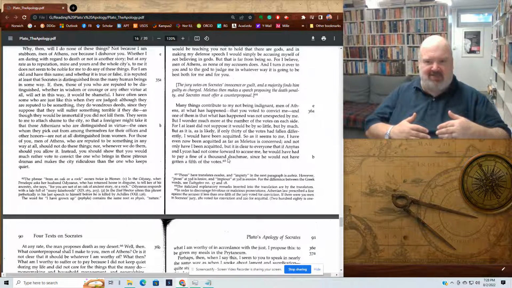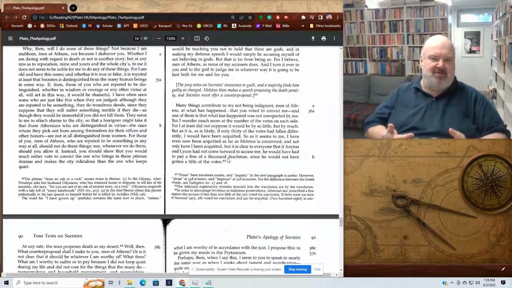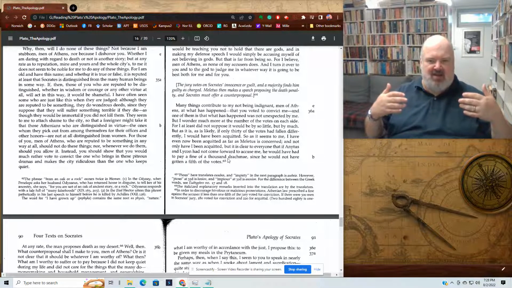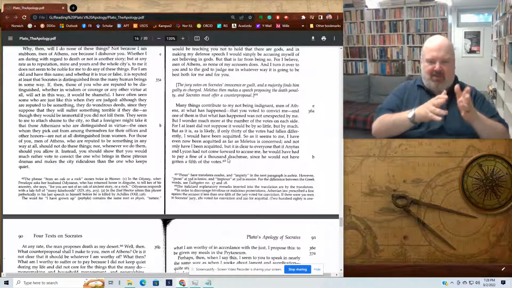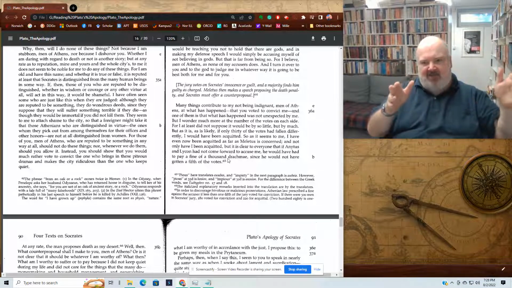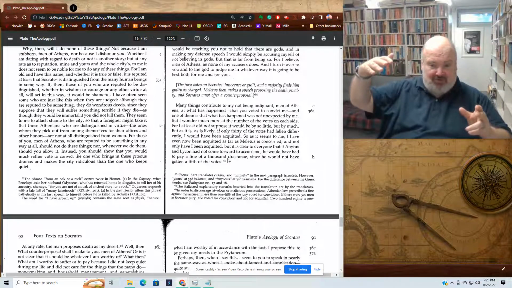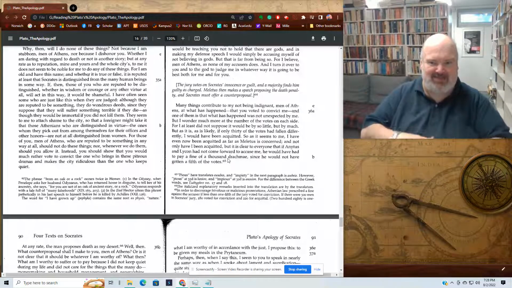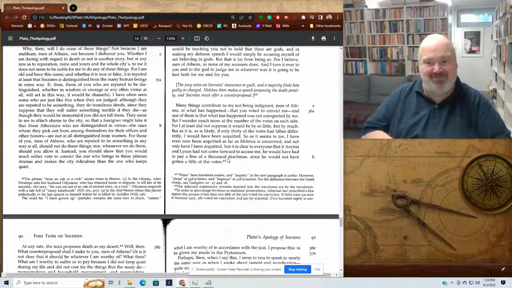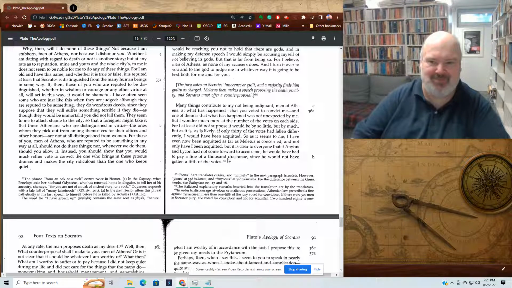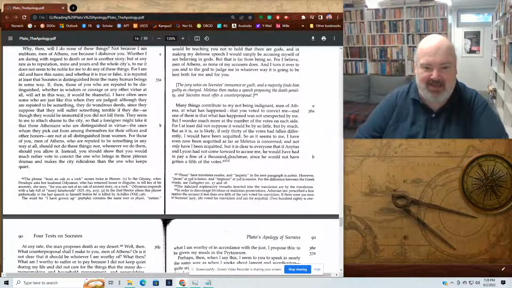In other words, Socrates is saying, wait a minute, of the 500 that he's assuming were there, if it was only Meletus, divide by 3, and the vote percent would be less than a fifth, and therefore he would have had to pay a big fine.